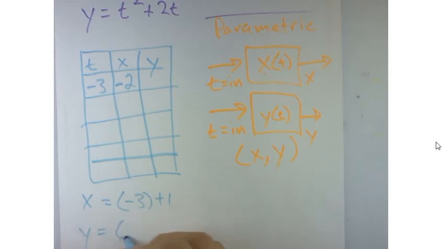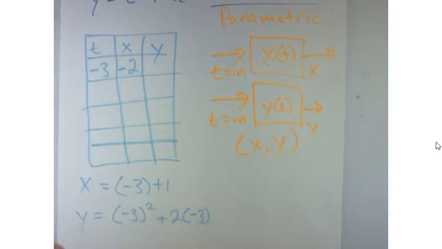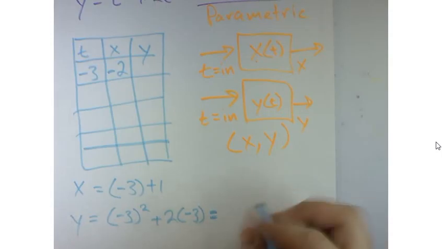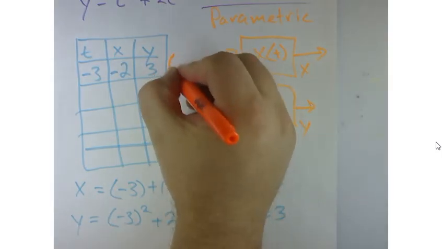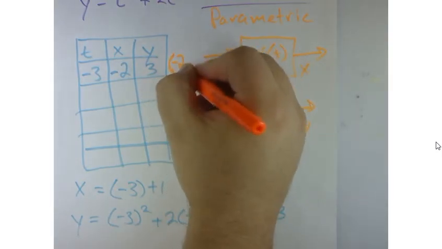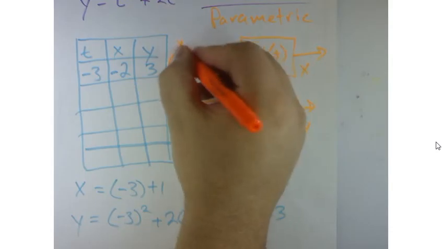Y was t squared plus 2 times t. So in the next line, I end up with +9 minus 6, or just 3. Now here's the interesting thing. When t equals -3, I'm going to get the point on the graph, -2, 3, because that's my x, y.